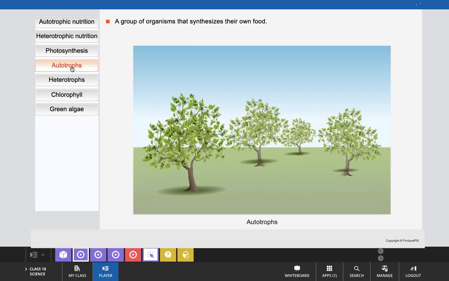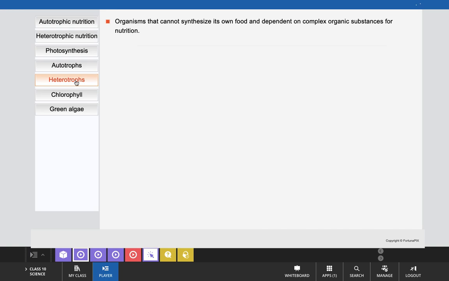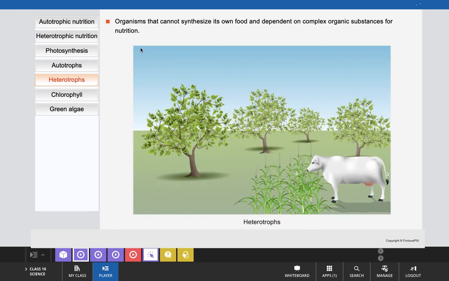Autotrophs. This word refers to a group of organisms that synthesize their own food. All green plants are known as autotrophs. Heterotrophs: organisms that cannot synthesize their own food and are dependent on complex organic substances for nutrition, for example, different animals.